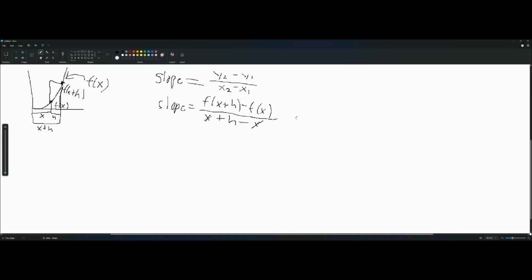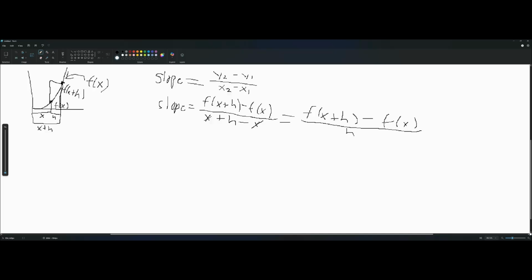And these x's will just cancel out, and so that gives us the slope is just equal to f of x plus h minus f of x over h, okay?